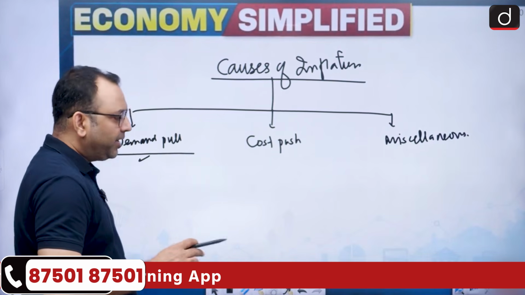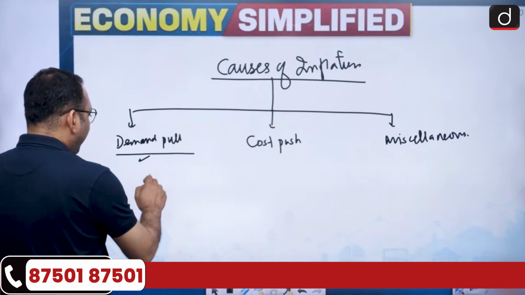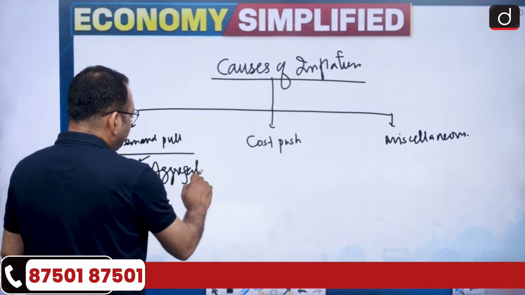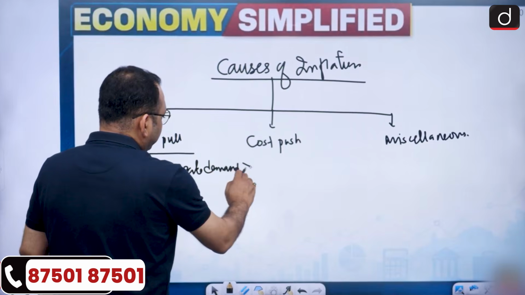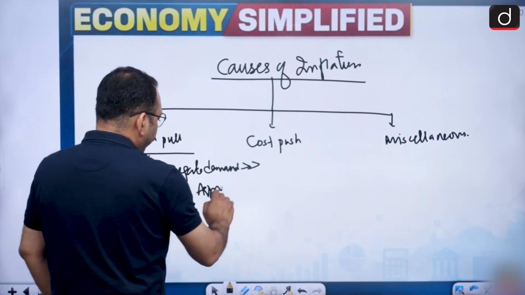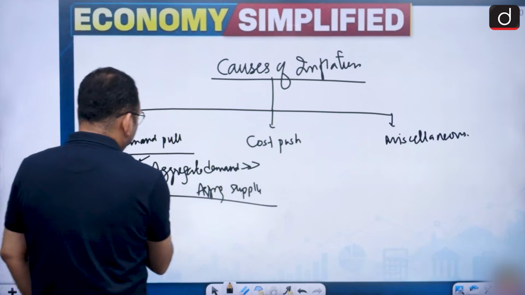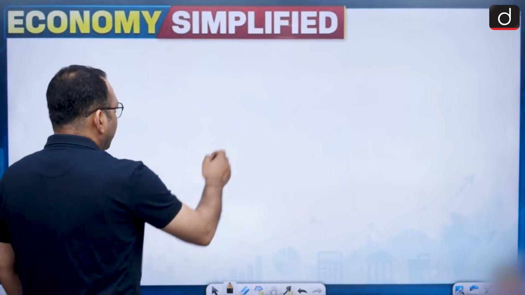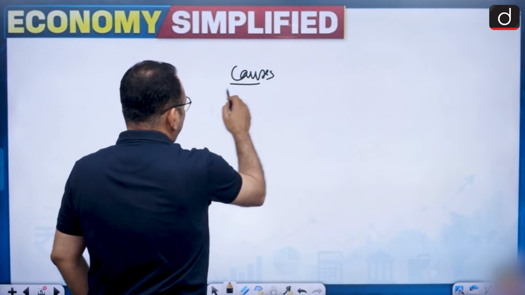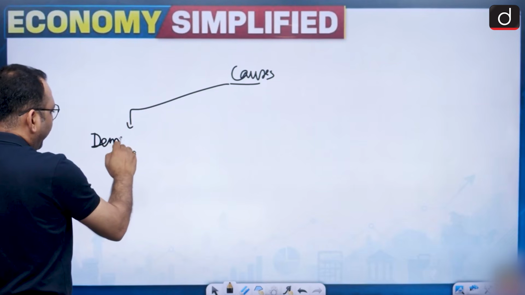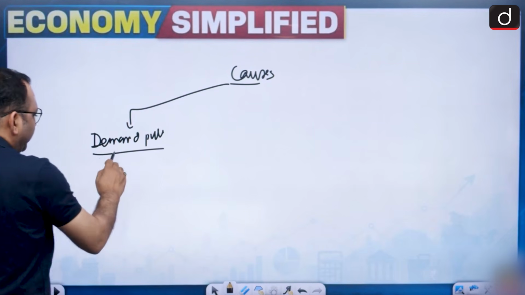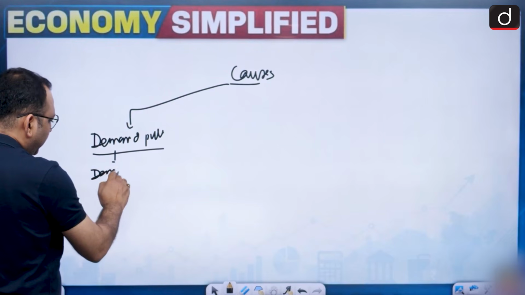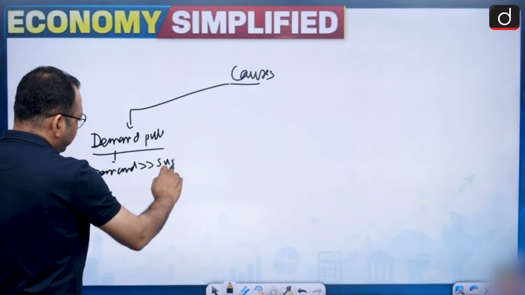This actually means that the inflation is caused when aggregate demand is more than aggregate supply. So when the supply in the economy is less and the demand is more, we have an inflation called demand pull inflation. So the first cause is the demand pull, in which high demand pulls the prices.